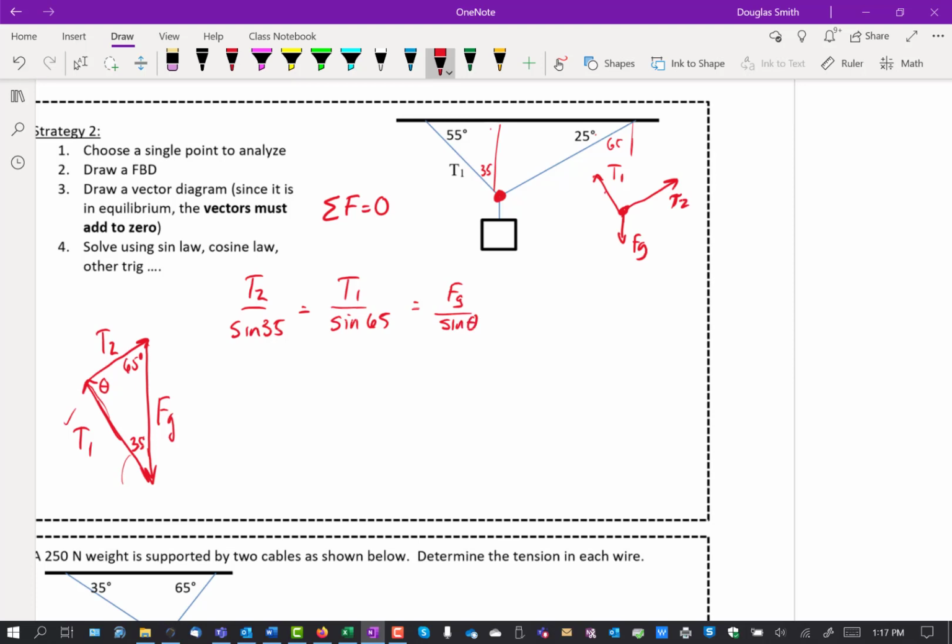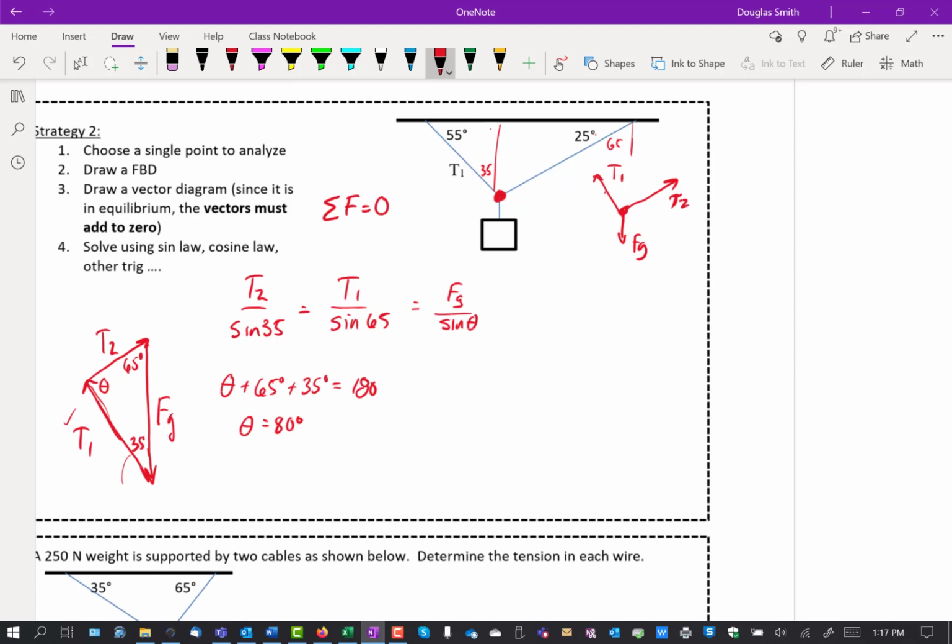And we can actually find out what theta is quite easily, because we know that 65 plus 35 plus theta is 180. So I think when I add that up, I get a theta of 80 degrees.